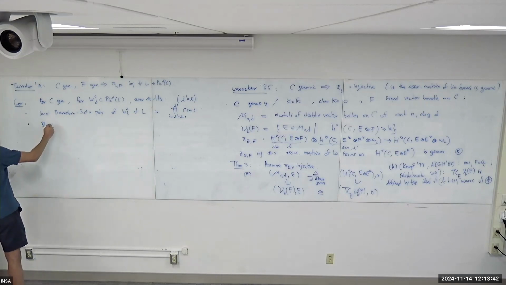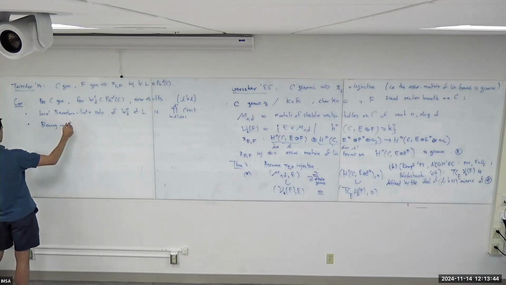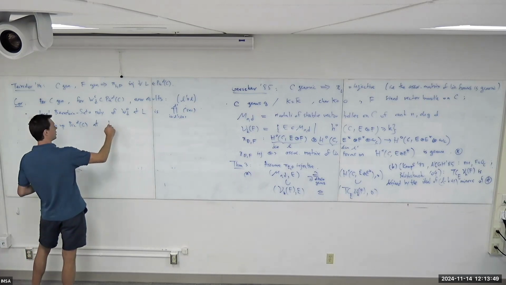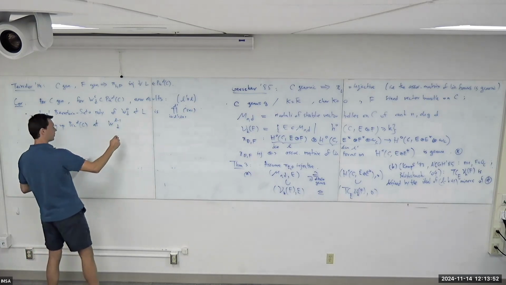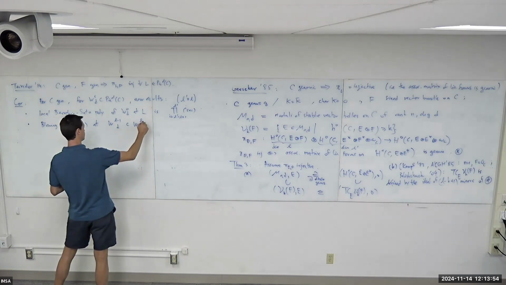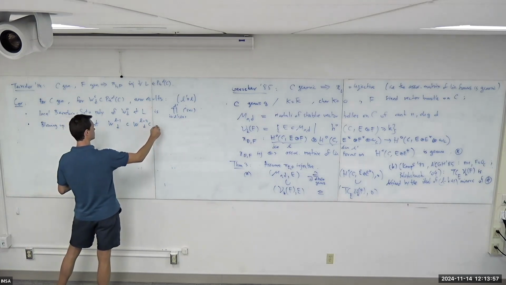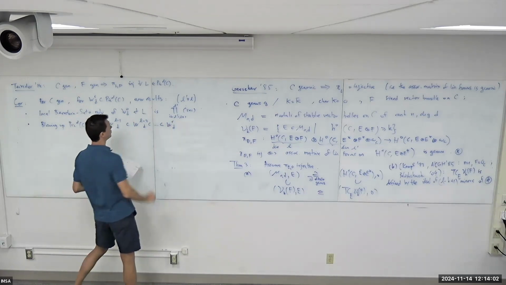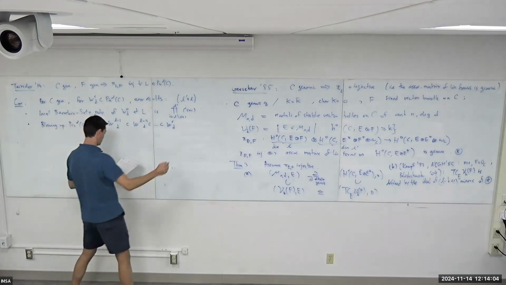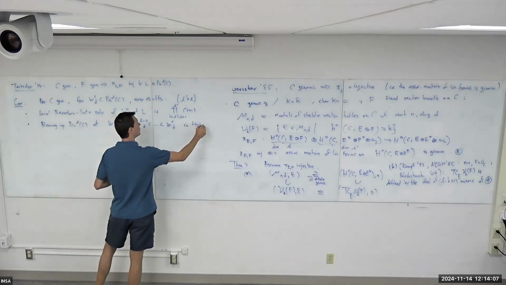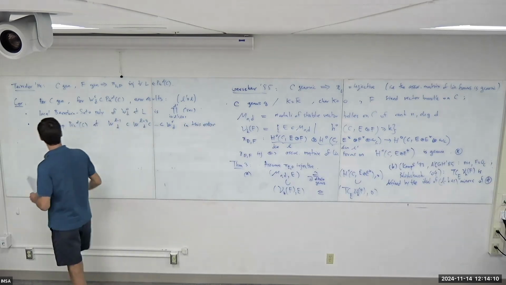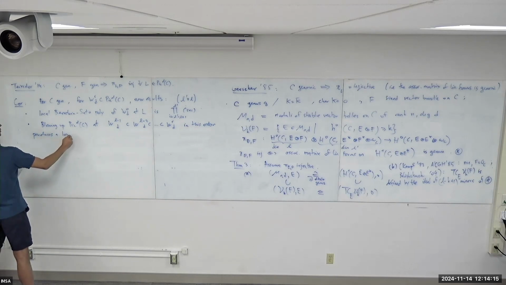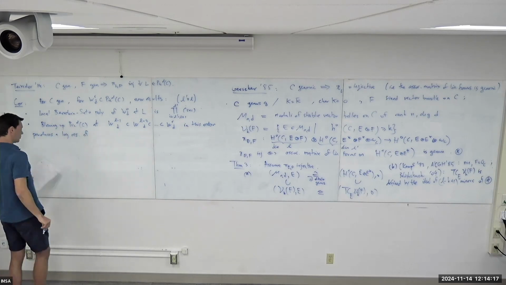Blowing up the following chain of subvarieties of W^r_d in this order produces a log resolution of W^r_d.